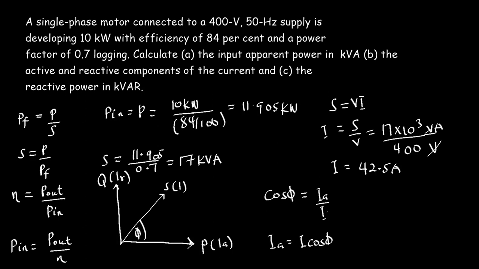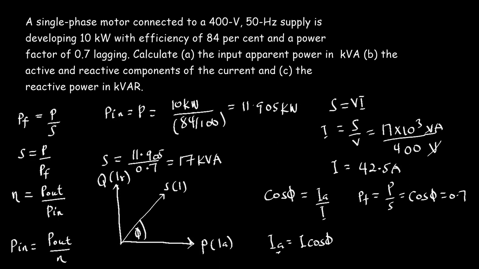Don't forget we learned earlier on that the power factor PF is equal to the active power over the apparent power, and this is the same as cosine of phi. So wherever I see cosine of phi, it also means the power factor, and that is given in the question as 0.7.